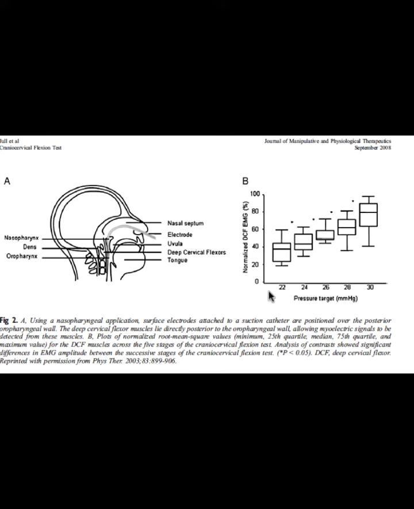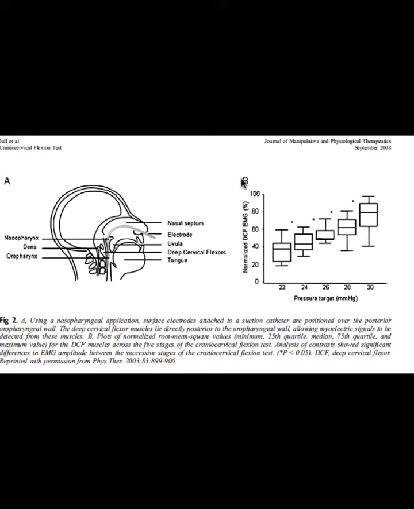And what we can see is this graph of their data where they have the patients, who were healthy controls, performing the different pressure levels, where they started at 22, 24, and then went all the way up to 30 millimeters of mercury.